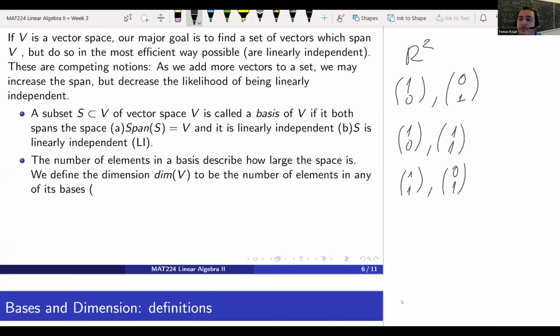So all these bases have size 2. And that's a general fact for all vector spaces that I will prove in the next slide. It's quite incredible that the size is an invariant for all bases.